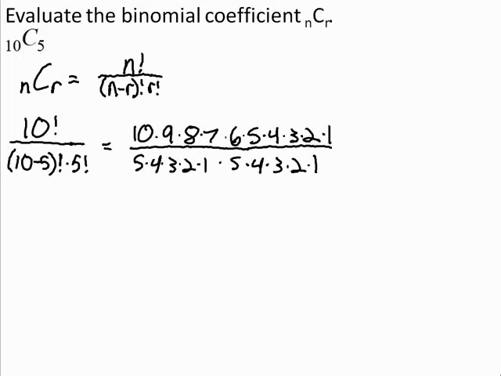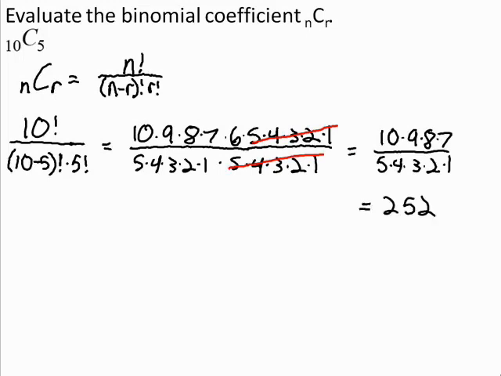After expanding the factorials, you see there is a 5, 4, 3, 2, and 1 in both the numerator and denominator, so they cancel out. You are left with 10 times 9 times 8 times 7 divided by 5 times 4 times 3 times 2 times 1, which is equal to 252. So 10C5 is equal to 252.